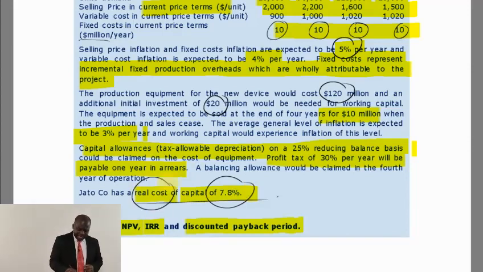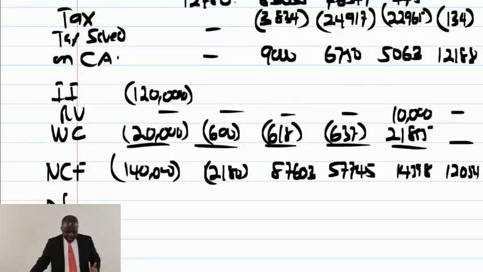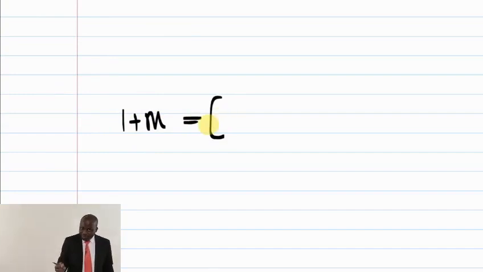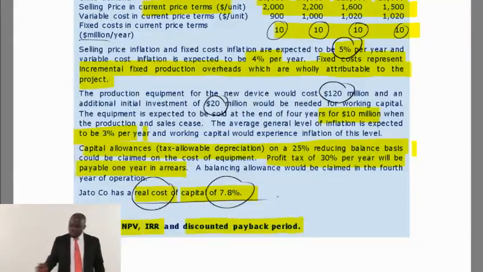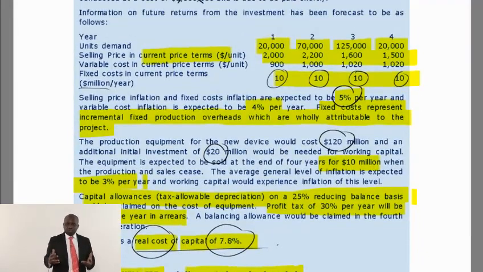Here, they said it's real. Being real, I cannot use it to discount. I have to convert from real to what? Nominal. So you need to remember the Fisher equation. And Fisher says 1 plus the money rate should be equal to 1 plus the real rate, and the real rate is 7.8. So I have 1.078 multiplied by what is the inflation rate? What inflation rate should you use here?